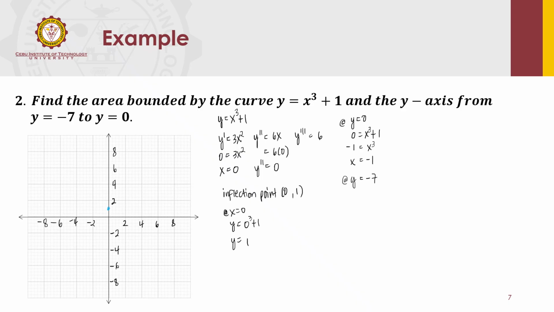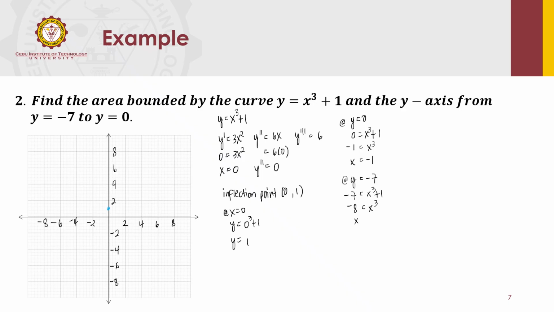And then for y equals -7, so -7 equals x cubed plus 1. If we transfer 1 to the left side, that would be -8 on the left side, equals x cubed. So the cube root of -8 is -2.